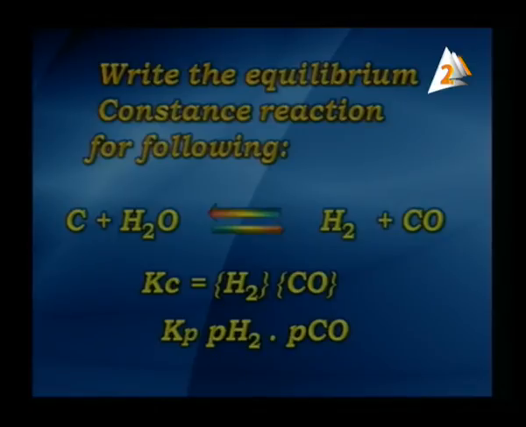This is the equilibrium constant of pressure, and the first one is the equilibrium constant of concentration. Don't forget that for the first one you use square brackets. It means now you have an equilibrium constant for both of them. My lover, H2 is a gas, CO is a gas.